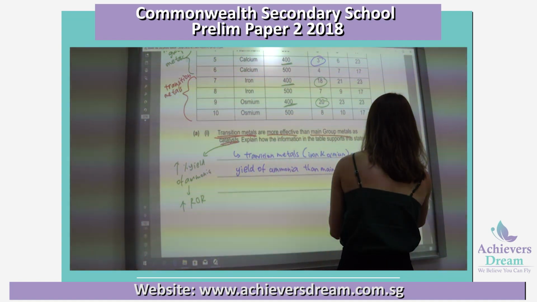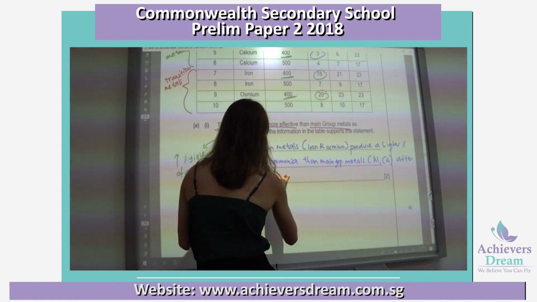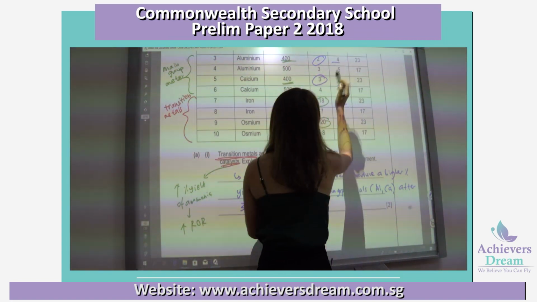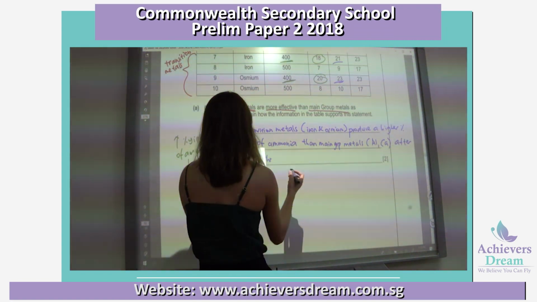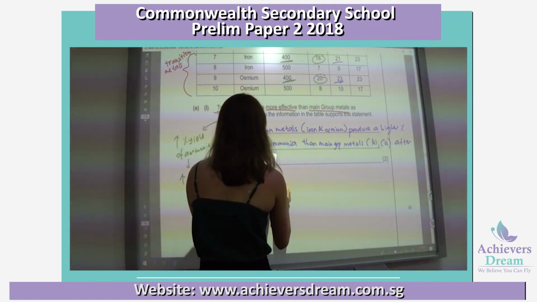Okay, after, you can either use the 3-hour mark or the 24-hour mark. It will still have a higher percentage. Correct? So you have to extract data from the table.